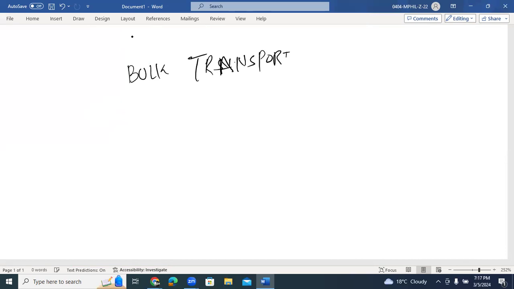Do you have any example of this bulk transport? Bulk transport is the movement of material in bulk. One thing to keep in mind: bulk means the quantity is very high, something in the form of bulk.